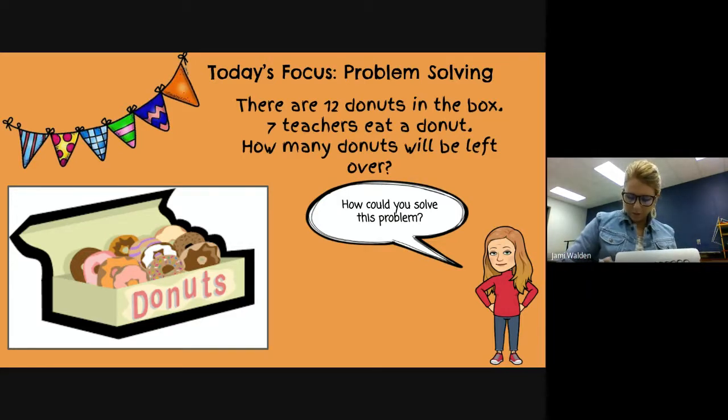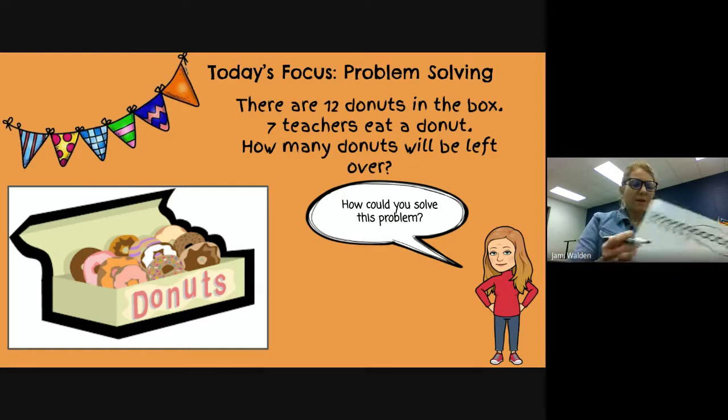I'm going to line those up. 1, 2, 3, 4, 5, 6, 7. Match them to compare. And count what's left out here. How many donuts are left over? 5. 1, 2, 3, 4, 5.